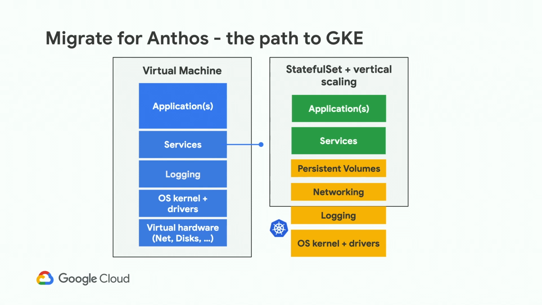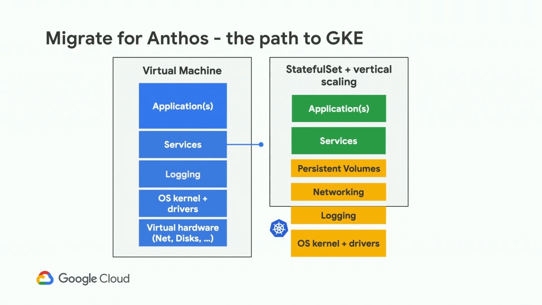And then you end up on the right column, which is basically running that application and services that you see in green in a GKE environment. What I try to highlight here in yellow are all the benefits your application and services get because they're running on GKE.